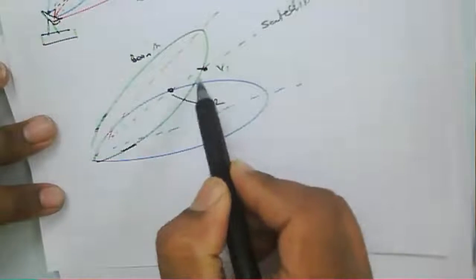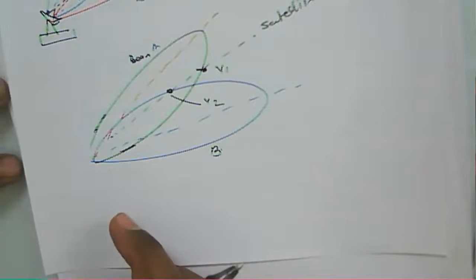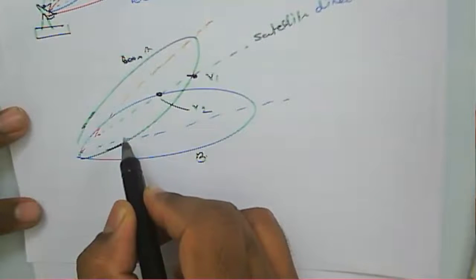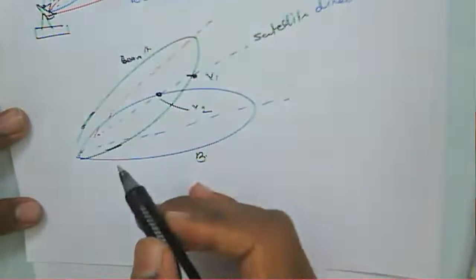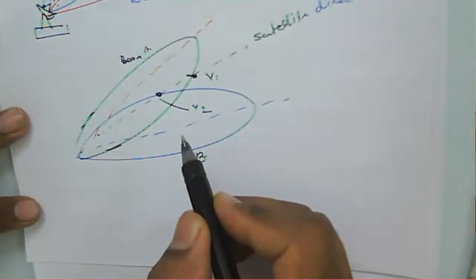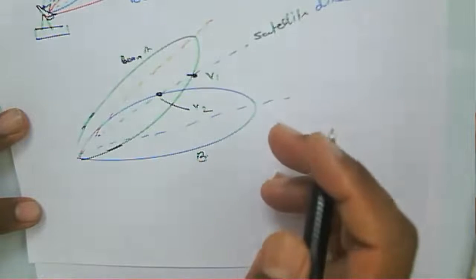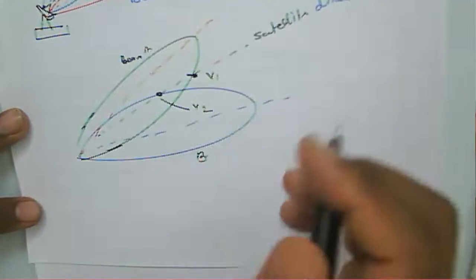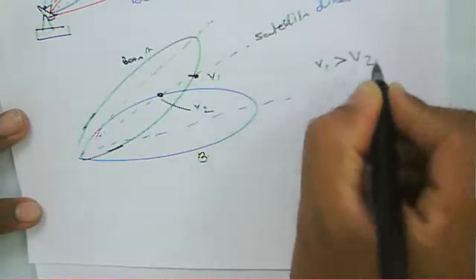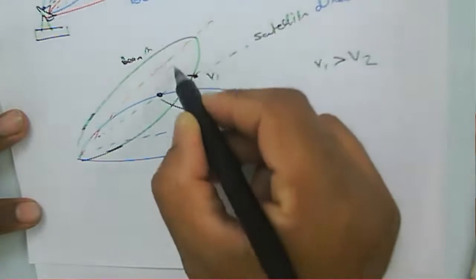So we need to find out the satellite direction, whether it is above the bore side. In that case, the voltage V1 received by pattern 1 will be larger than the voltage V2 received by pattern 2. That is, V1 is greater than V2. So in that case, the satellite direction is above the bore side.